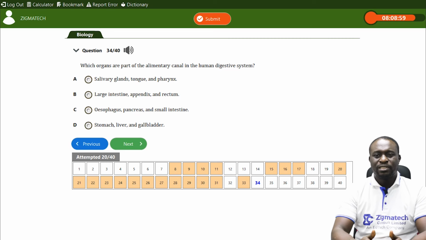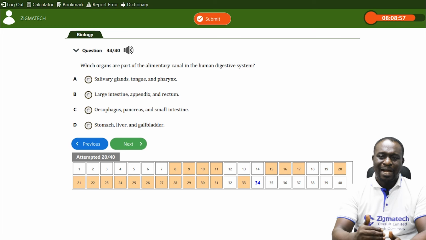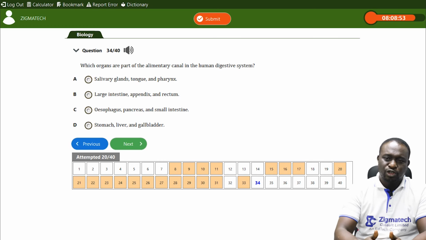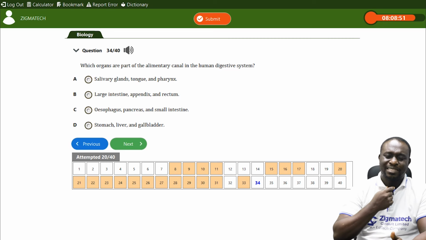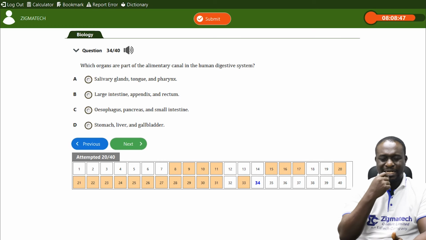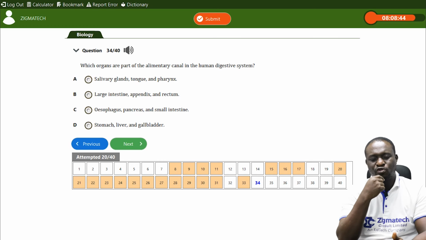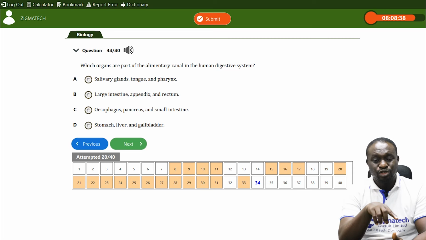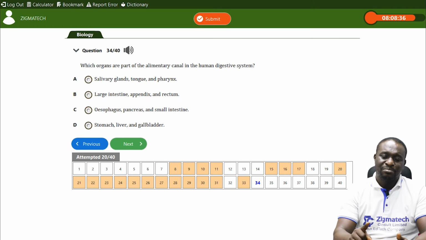Option C says esophagus, pancreas, and small intestine. Now, the esophagus allows the passage of food from the mouth to the stomach, and it undergoes the process called peristaltic movement. The pancreas secretes 3 enzymes. It is located near the duodenum, and it secretes 3 enzymes, which are amylase, trypsin, and lipase, which are responsible for the digestion of carbohydrates, proteins, as well as fats and oils.